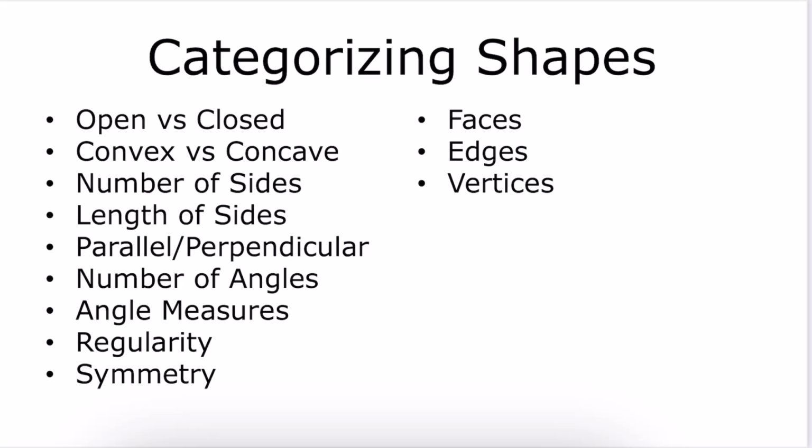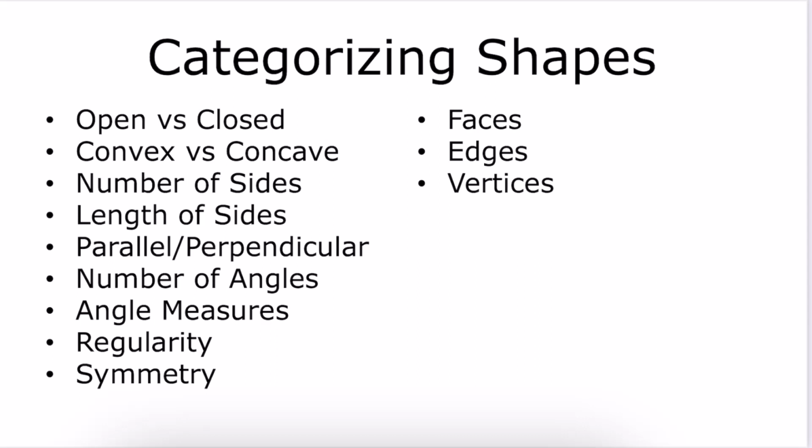You can look at the number of sides or how long the sides are. You can look at whether those sides are parallel or perpendicular. You can look at the number of angles. You can look at the measurements of those angles. You can look at the symmetry of the shapes or the regularity, which basically is, are all of the sides the same length or are they not? So those are all different ways that you can categorize two-dimensional shapes.